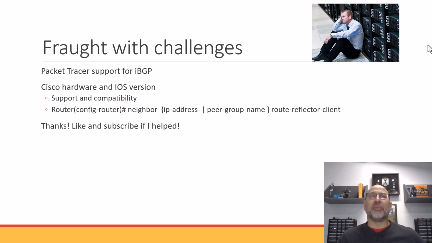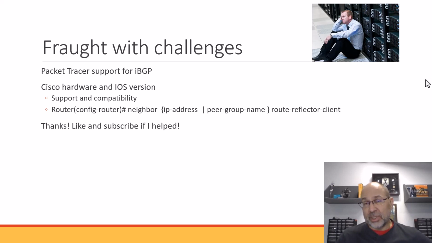Now, this particular build was fraught with challenges. Not only is it finals week here at RIT, and I'm doing all this grading, but we ran into that Packet Tracer problem with BGP. And while this isn't me, that's definitely what I felt like in trying to get this build done.